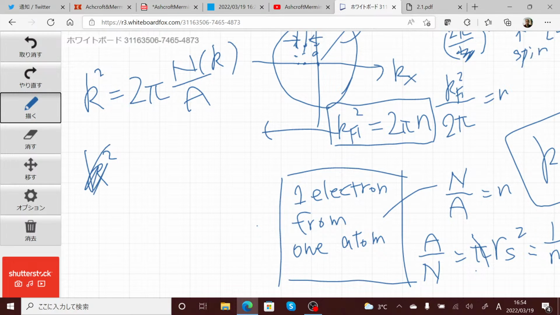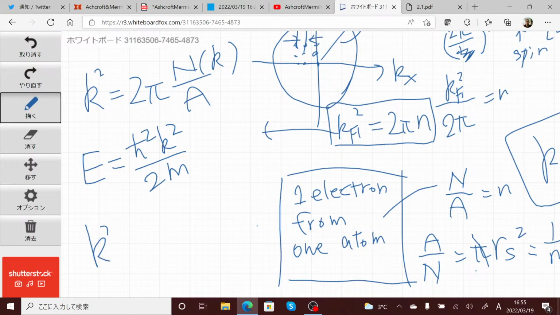Okay, let's see. I can do this one. This k squared, I convert: E equals h bar squared k squared over 2m. So k squared equals 2mE divided by h bar squared.